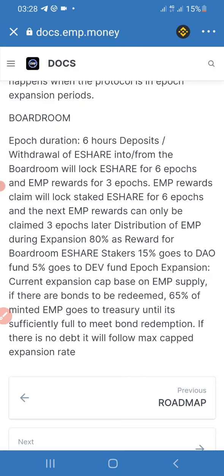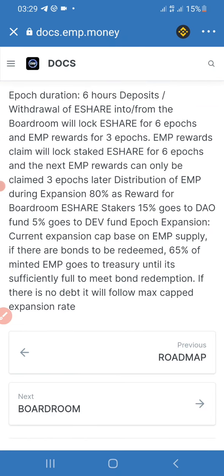All right, and the time you can withdraw your ESHARE profit would be 6 times 3, which you can see there is 3 epoch. So you will lock your ESHARE for 6 epoch, and your EMP token, which is your reward that you can sell for profit, will be released every 6 times 3.